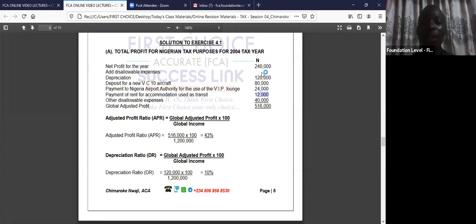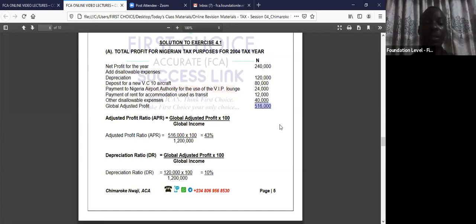So when we add all these things back to this 240, our profit that should be subjected to tax, or assessable profit, or adjusted profit, has risen to 516,000. So 516,000 is what we should be having as our adjusted profit.